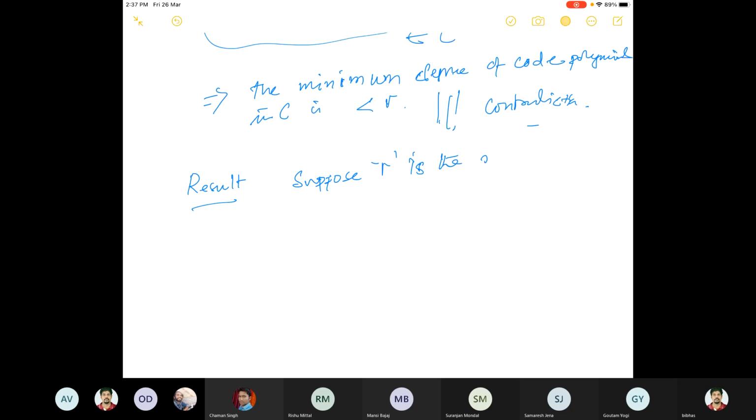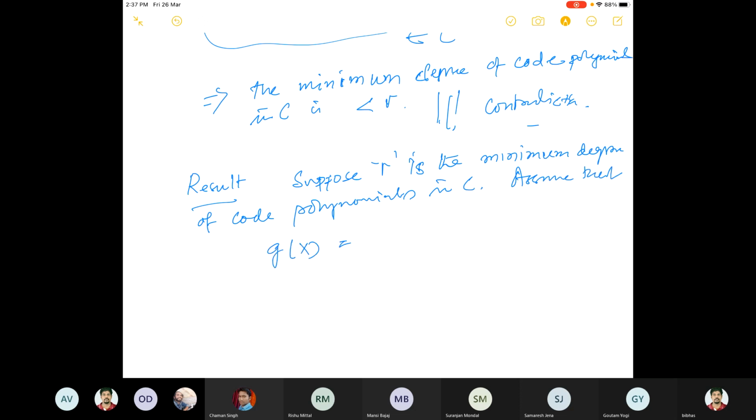Suppose r is the minimum degree of code polynomials in C, and assume that g(x), which is, let's say, g0 plus g1x plus dot dot dot plus g(r-1)x to the power r minus 1 plus x to the power r.